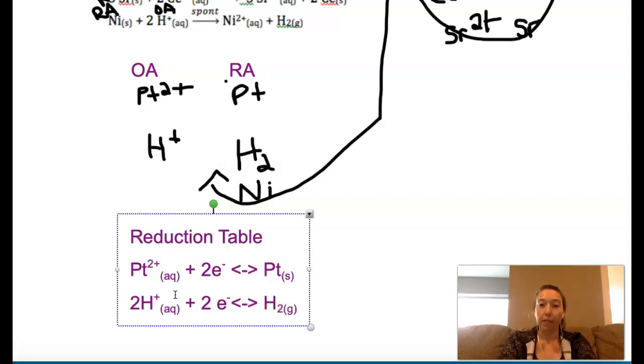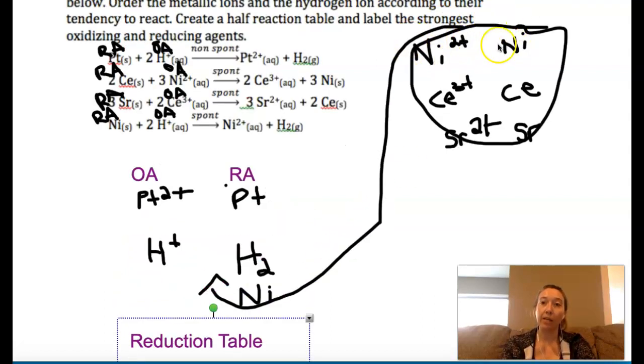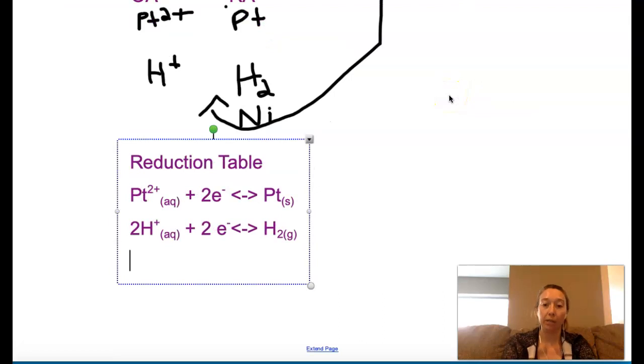What's going to come after that is the nickel half reaction that we had up here. So we're going to have the Ni2+ (aq) plus 2 electrons, giving us that Ni solid.